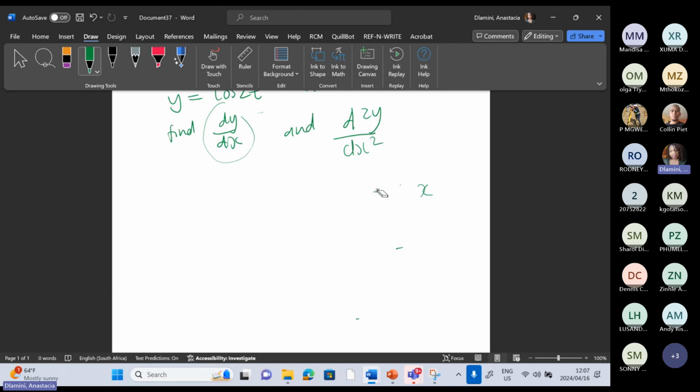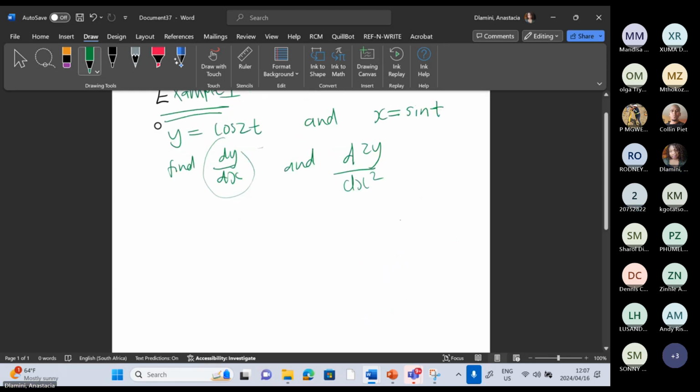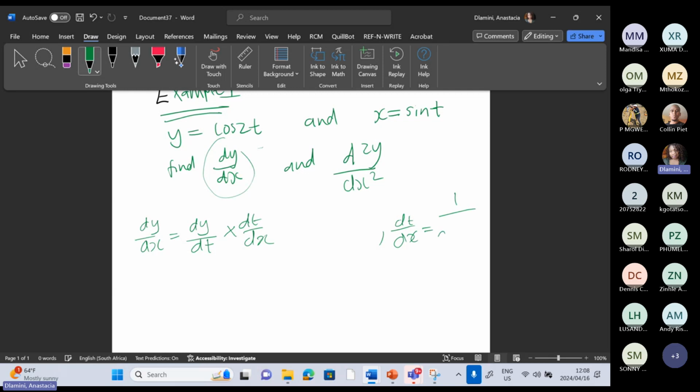Let me explain why. With parametric equations, dy over dx is equal to dy over dt times dt over dx. Now we know that dt over dx is the same as 1 over dx over dt.